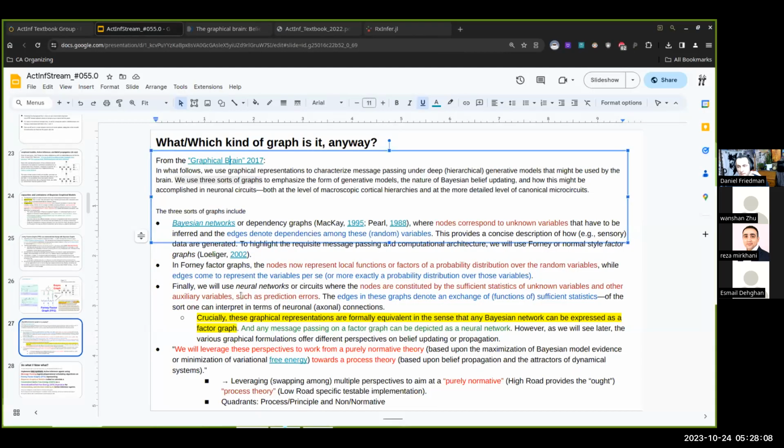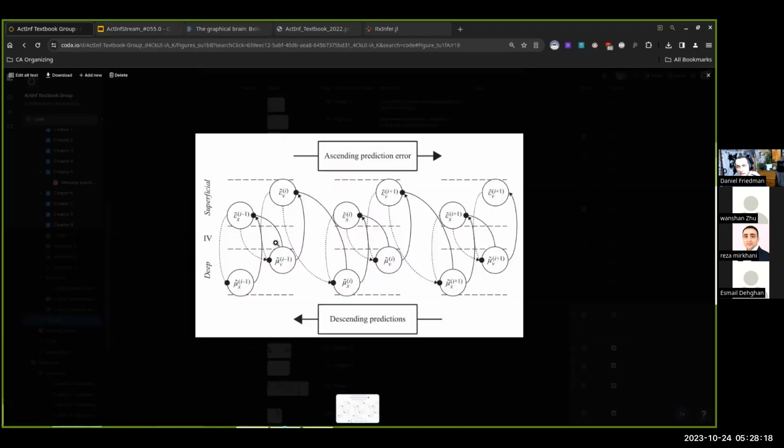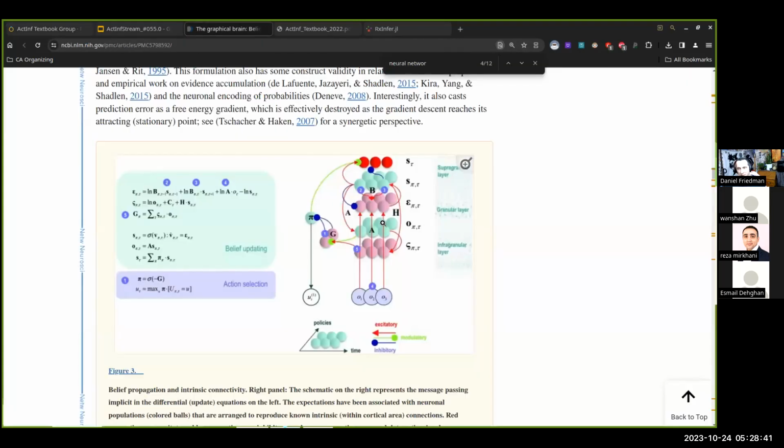Now, on one hand, I see that in terms of sufficient statistics of unknown variables and other auxiliary variables like prediction errors, that's literally what's happening here. The mean is the summary statistic of the central tendency, and then the error residual. But I'm not sure if this can be interpreted both as a Bayes graph and a neural graph, or if this is one or the other, because in either case, it's slightly different in its representation.